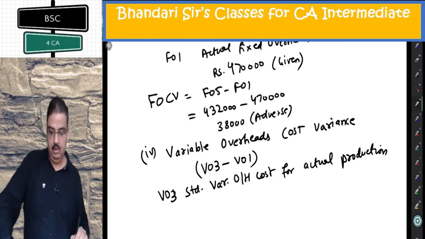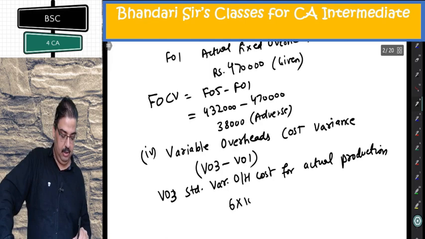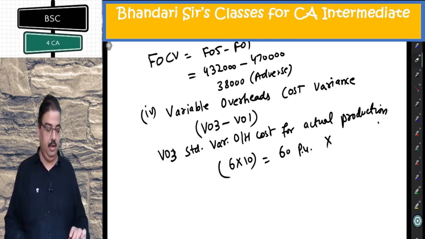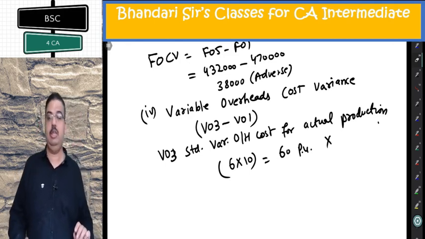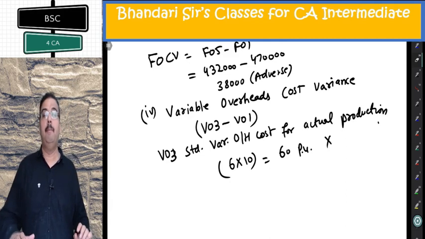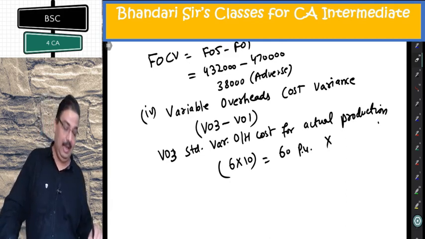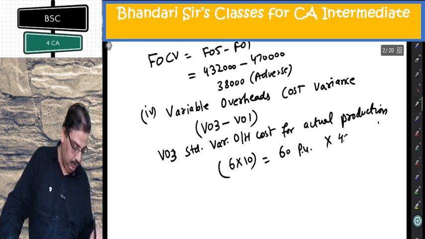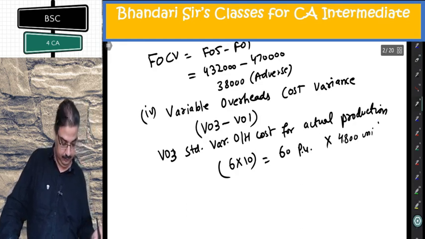This is very simple. 6 into 10, 60 per unit multiplied by actual units 4,800.